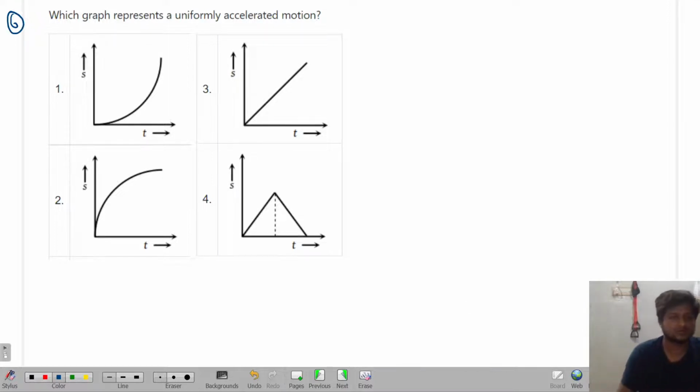Uniformly accelerated motion, like uniformly, it is saying that means what? Acceleration should also... Oh, okay, wait. I'll ask this question. What does uniformly accelerated motion mean?